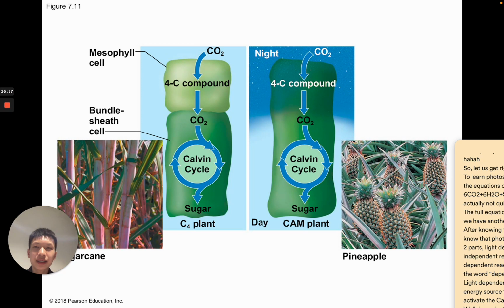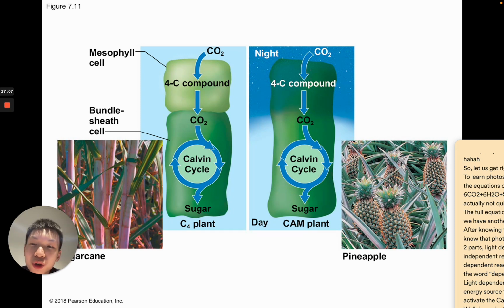So in C4 plants, we see they have a mesophyll cell and a bundle sheath cell, while C3 plants only have mesophyll cells, and CAM plants only have mesophyll cells. C3 plants do the Calvin cycle during the day, and when the weather is really hot, they still open their stomata to breathe in the air.